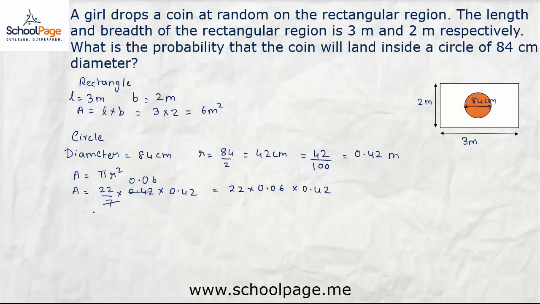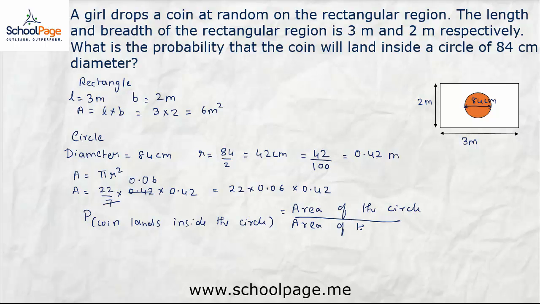Let us now find the probability that the coin lands inside the circle. So the probability that the coin lands inside the circle is given by area of the circle upon area of the rectangle.